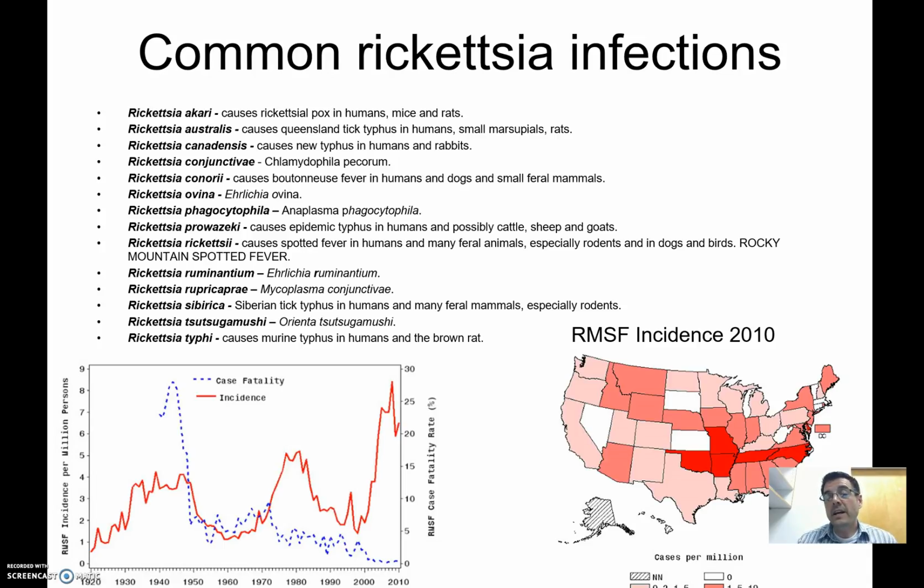And you start to ask, as an epidemiologist, why do we have an increase in incidence? And the hypothesis behind that is that humans are beginning to recreate even more so in those areas where those ticks exist, allowing for transmission to occur.